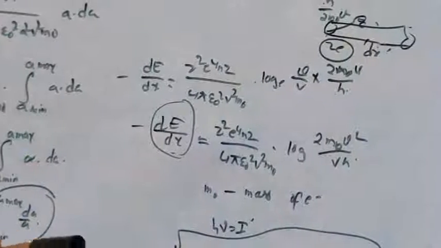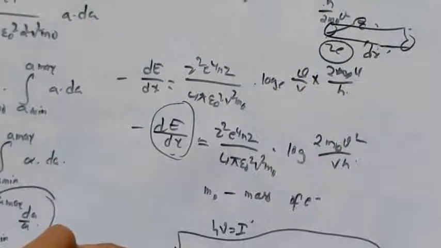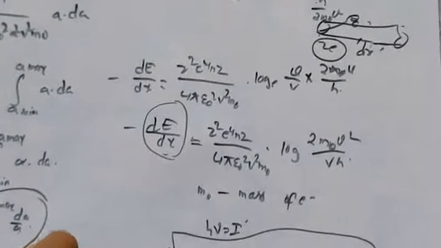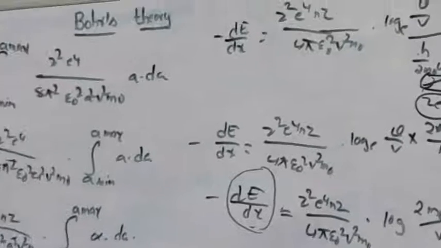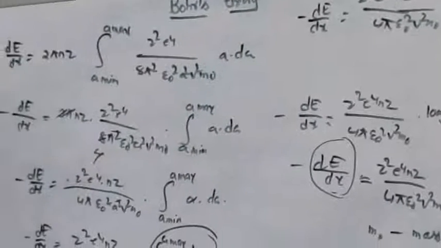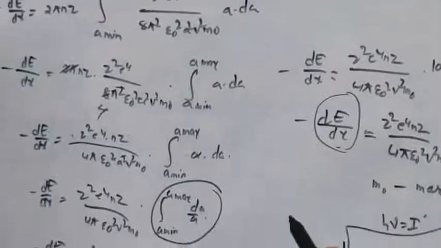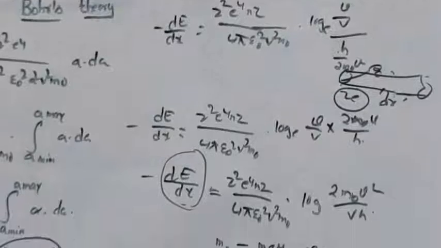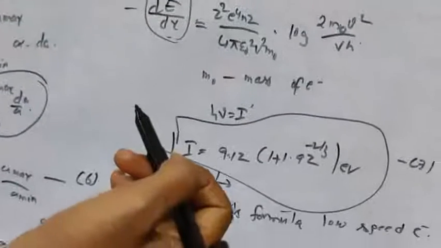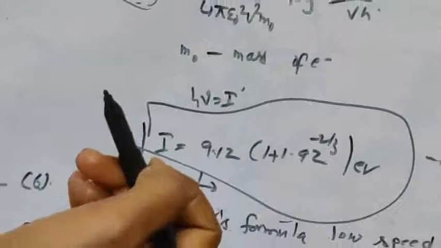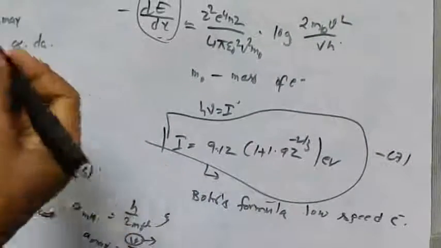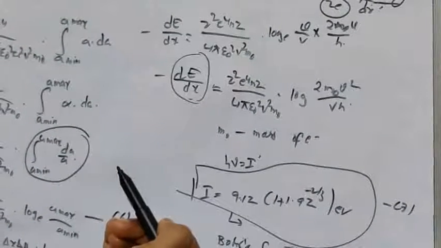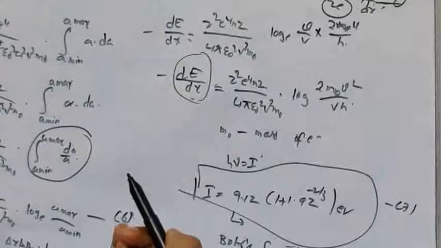So we considered the equation dE is equal to 2 pi n Za dA dx into T. While transferring, there will be energy loss per unit path length of the particle, given as minus dE by dx is equal to 2 pi nz integral A minimum to A maximum of T dA.